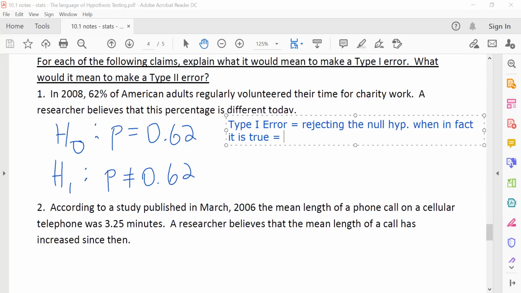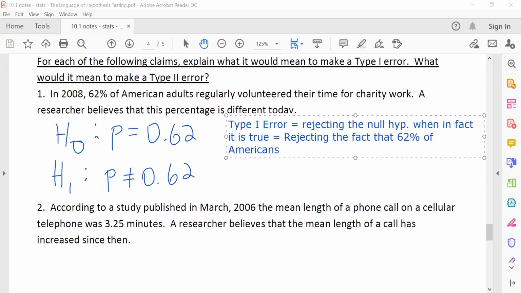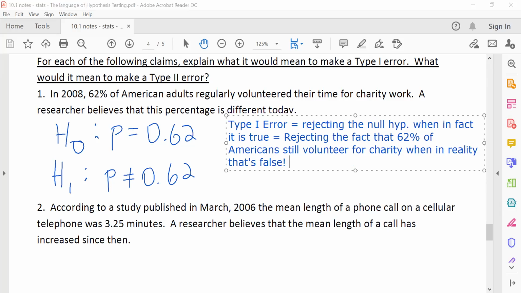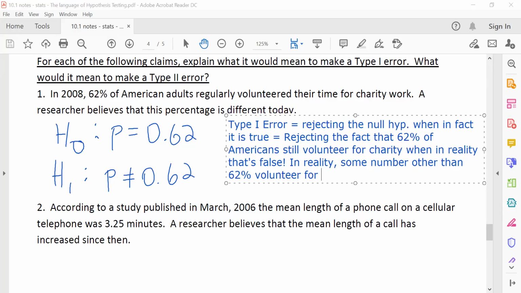This is going to be rejecting the fact that 62% of Americans still volunteer for charity work, when in reality, that's false. In reality, some number other than 62% volunteer for charity work.